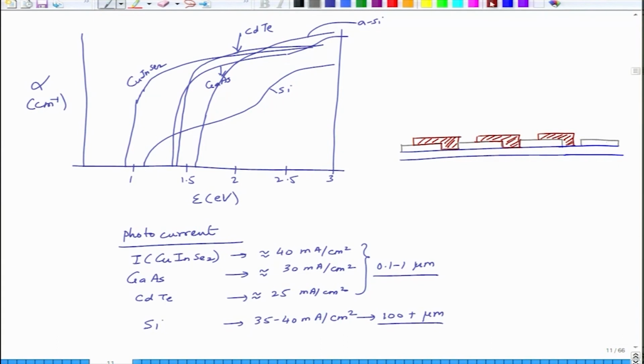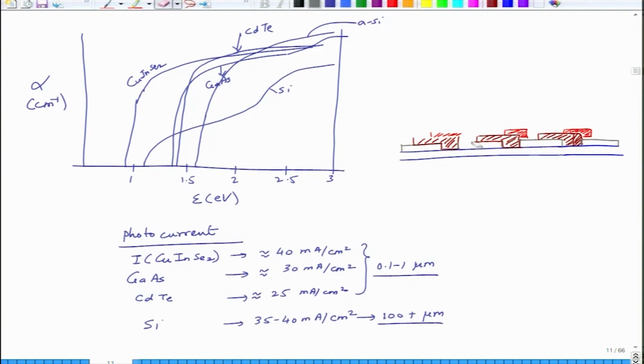And then on top you put a back contact, a front contact. So a front contact could be something like this. You have to isolate them though, so you make a front contact, you make a back contact, and you can't make them touch each other.